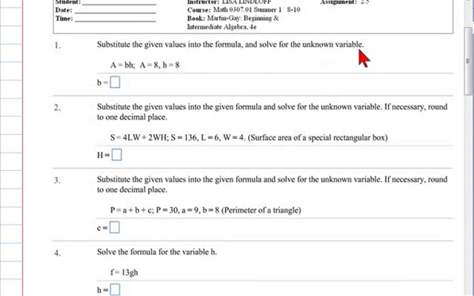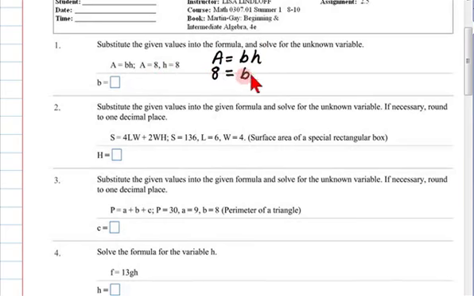Solve for the unknown variable. I start out with A is equal to BH. And by the way, that's the formula for the area of a rectangle, or the area of a parallelogram, or the area of a square if you wanted to. What did they give us? They gave us A is 8, equal sign, and they gave us H is 8.